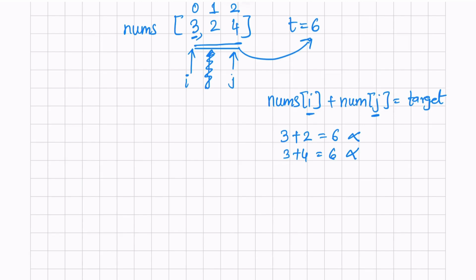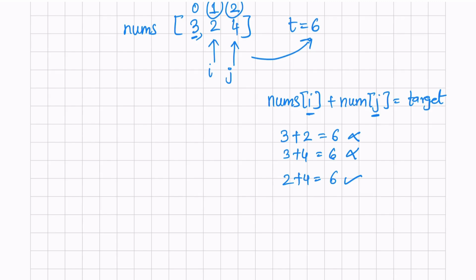The next thing we do is start looking from the next number, which is 2. So our I starts from 2 and our j starts from 4. We can ask the same question again. Is 2 plus 4 equal to 6? The answer is yes. That's it. You found your answer. 1 and 2 is your answer. So that's one possible way you can solve this problem.